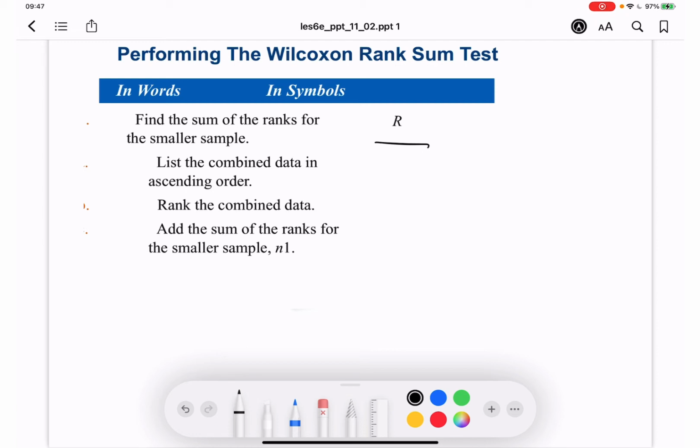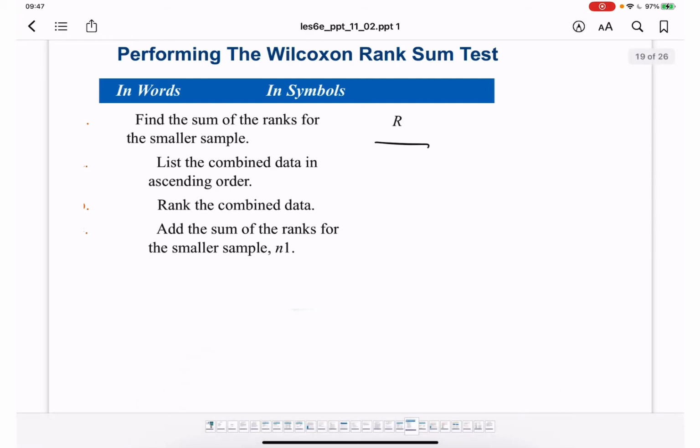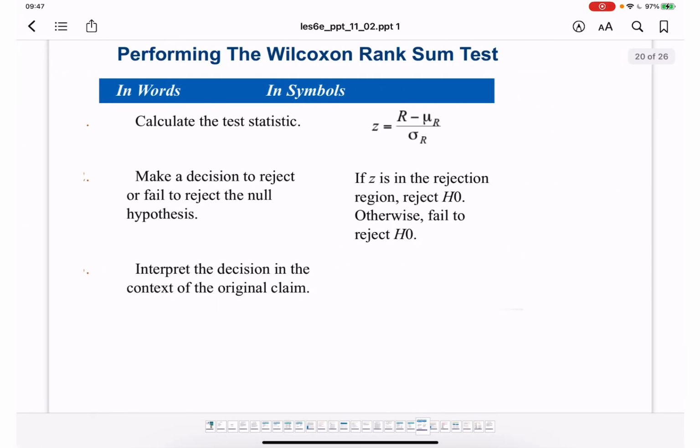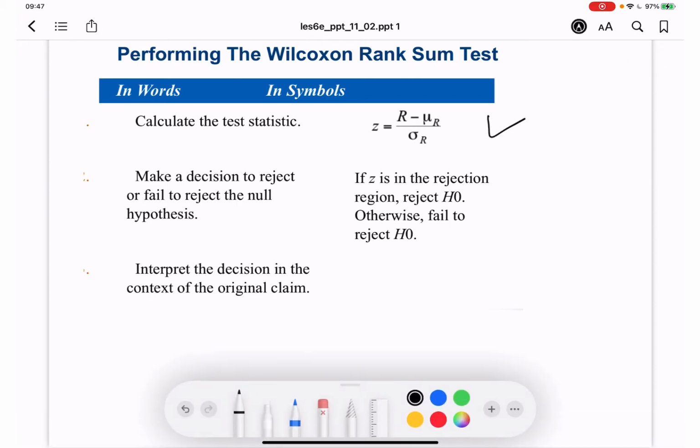After that, we add up the ranks of the smaller sample. Then calculate the test statistic through this formula and make a decision.